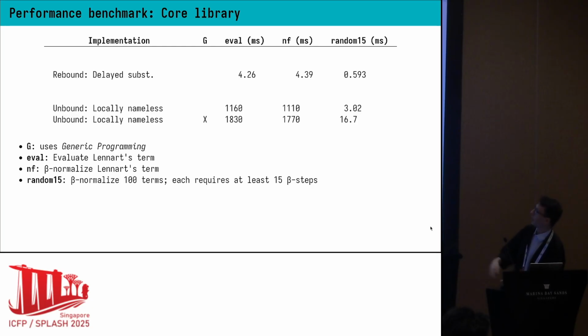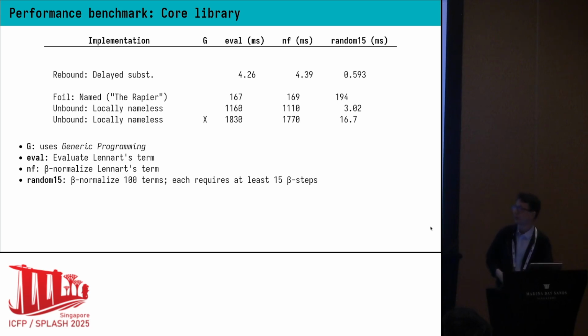And quickly, Unbound also offers these generic programming features I've mentioned before. And we can see here that they have a negative impact on performance. But regardless of whether you use that feature, we can see that this implementation is a lot slower than the Rebound-based one.